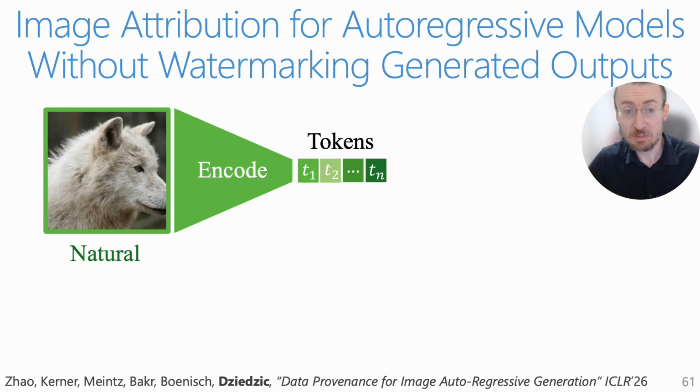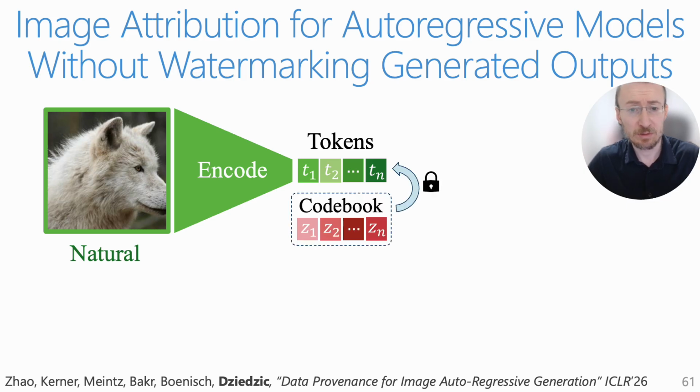Given a natural image, we find the sequence of tokens for this image, shown in green. Since the tokens of the given model are sampled from the codebook entries, the codebook in this case acts as a key to distinguish the token representations of generated images from those of real images.